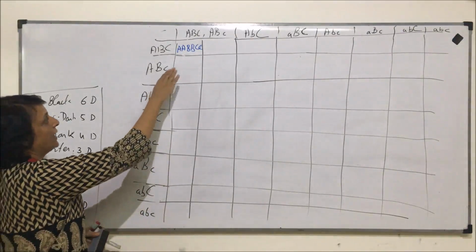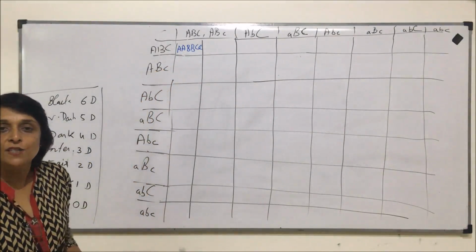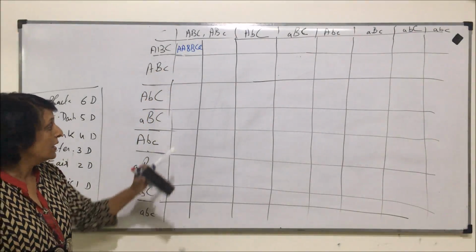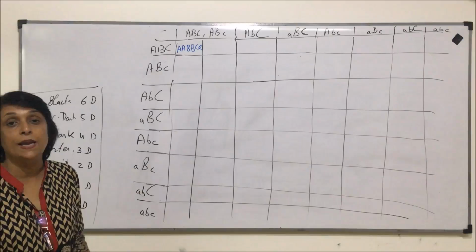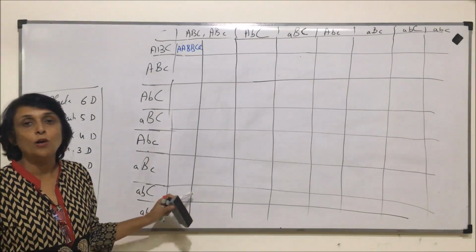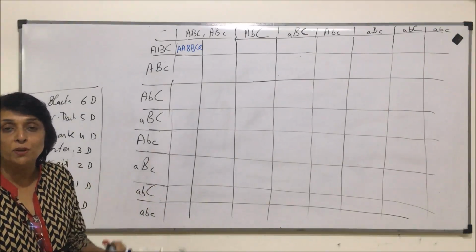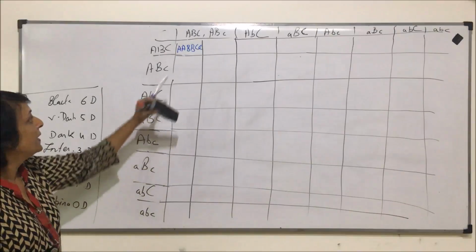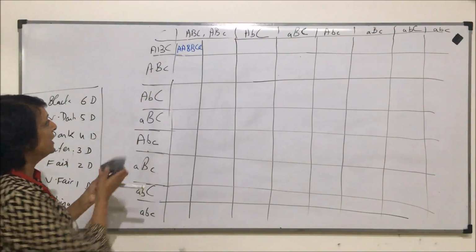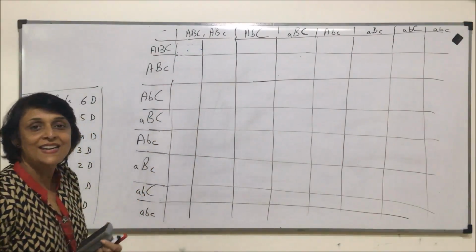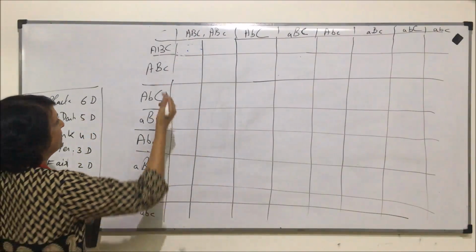Instead of writing all A, B and C's, can we just write down the number of dominant here? And that is possible. This shortcut is possible only in case of polygenic inheritance. It should not be followed when we are talking about a typical trihybrid Mendelian cross. There the ratio is different. So only in polygenic we will go for a shortcut.